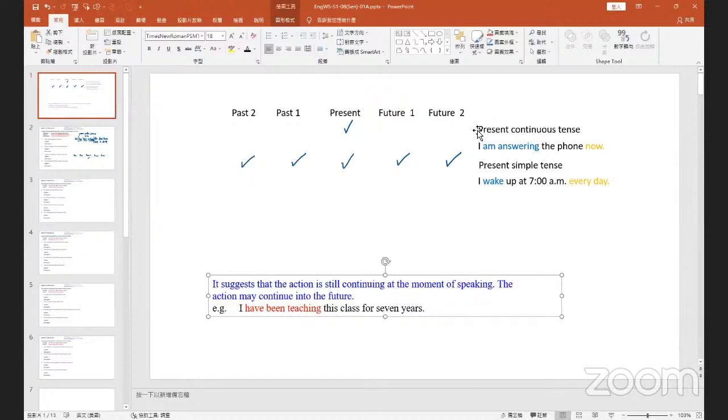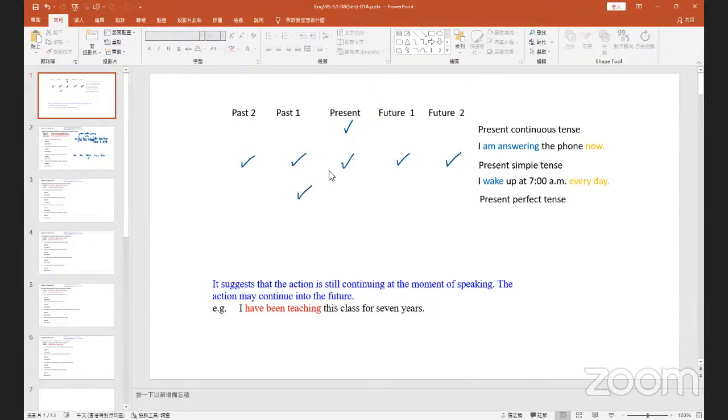We have 4 different kinds of present tenses. Present continuous, present simple, present perfect. Now, present perfect tense is used for something that happened in the past. Yes, in the past, but the time is unknown.